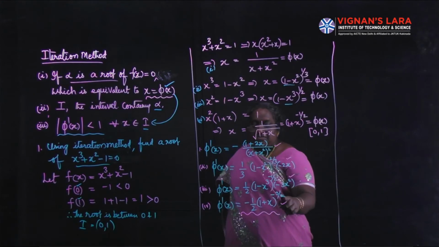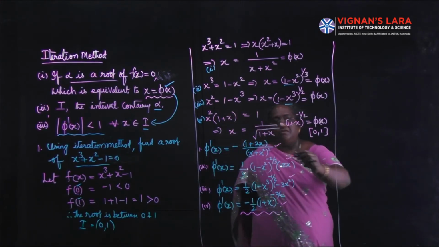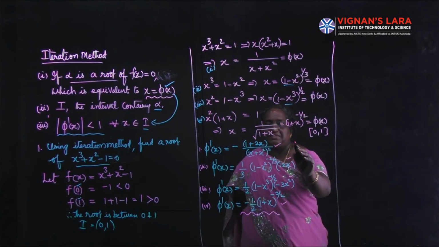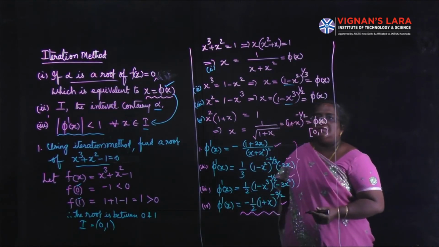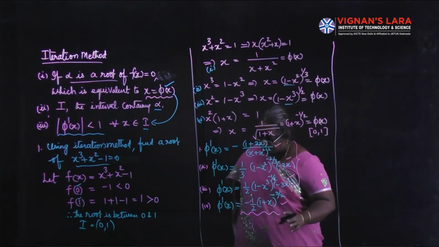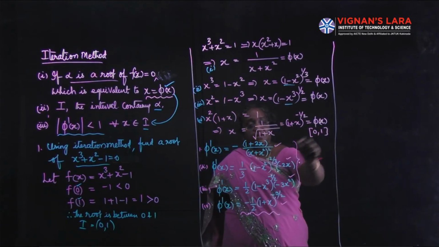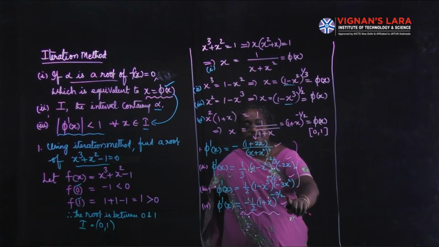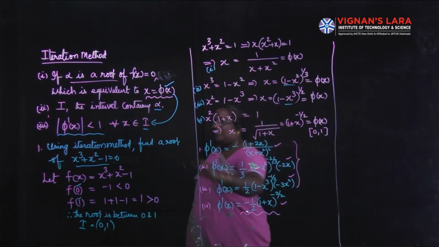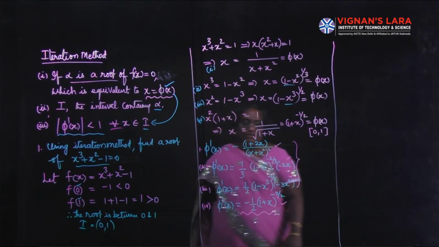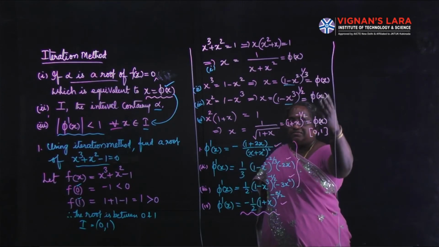We verify all these values using the calculator. After verifying, what do we get? For some values between 0 and 1, modulus of phi dash x is not less than 1 for all these functions. If it fails even for a single value, we can't take it as phi of x.